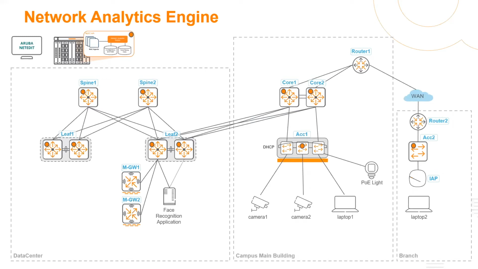A simple use case like that needs labor-intensive work, where the admin has to log into the device and understand how many MAC addresses were there in the past and how many MAC addresses are there now. Also remember, there is no actionable insight out of any of these three methods which you mentioned. One, with the CLI and SNMP. Again, it's a reactive approach.